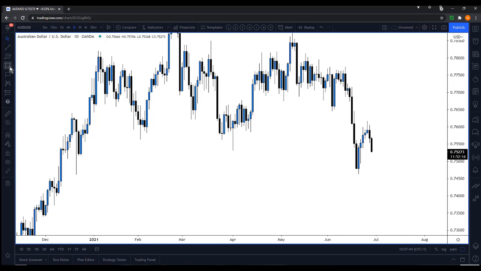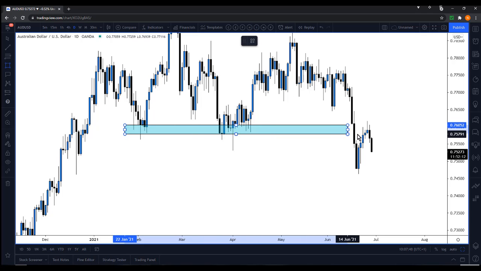Now, there's a couple of different areas of resistance here. There was horizontal resistance here, where this was support. And often when we break support, we come back, retest it, and it becomes resistance. So this was an evening star pattern at resistance.